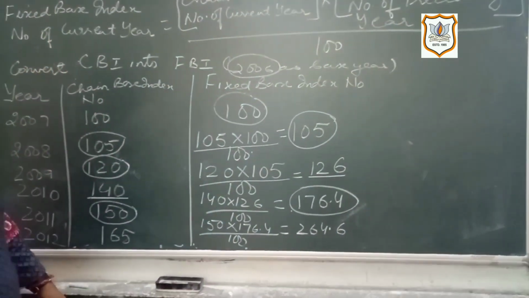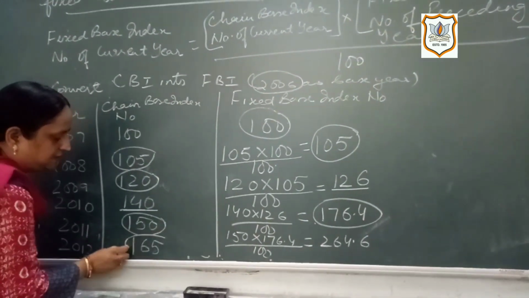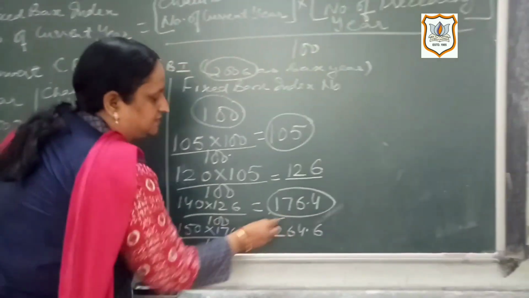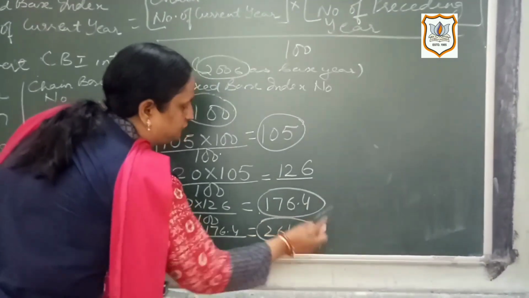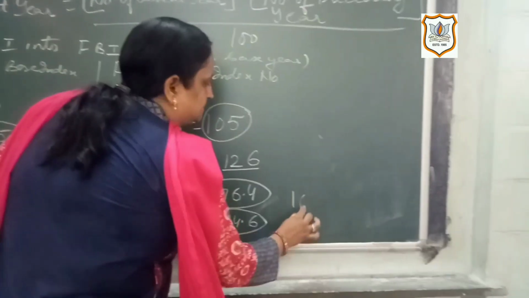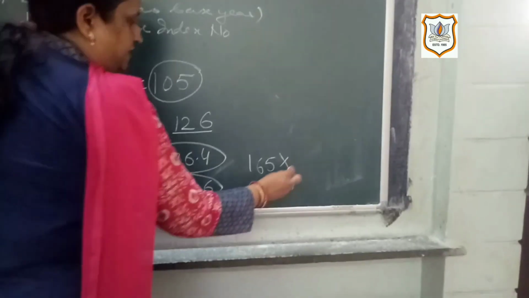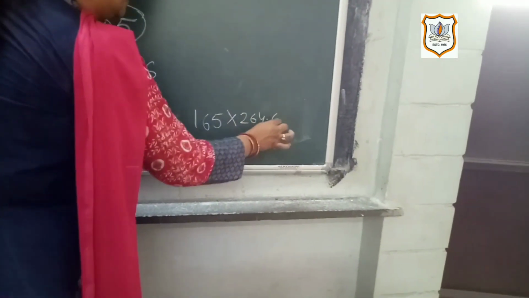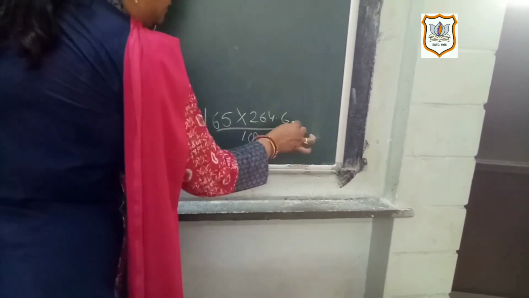Now here the current value is 165. Previous year's value was 264.6. So when you cross multiply this, you will get 165 into 264.6 divided by 100.